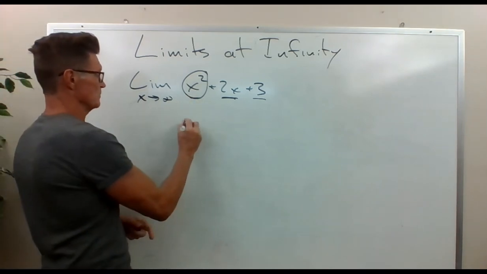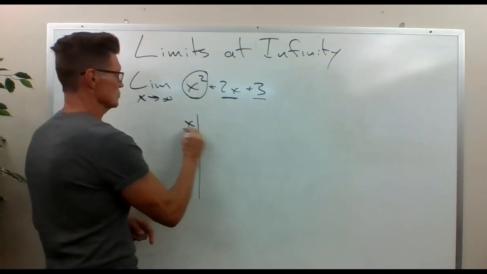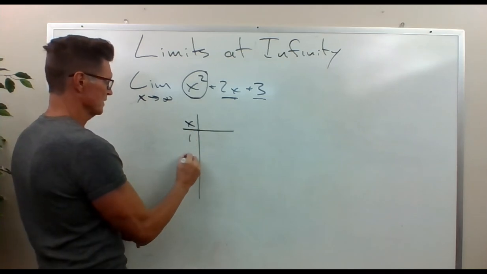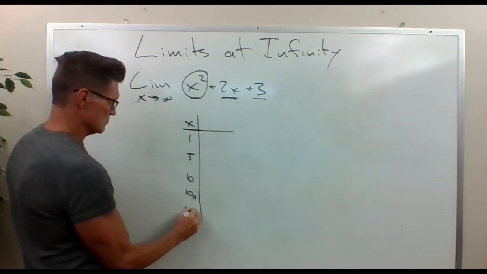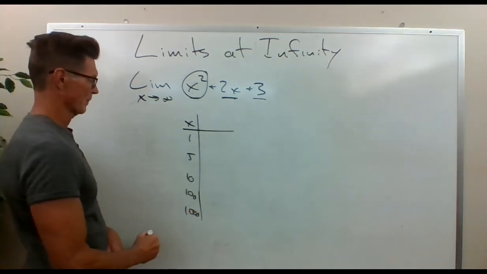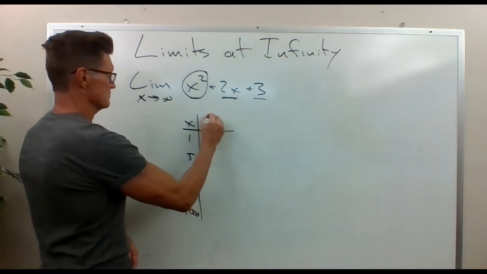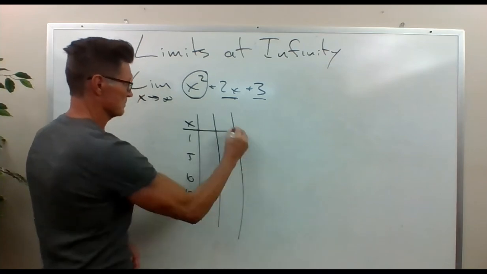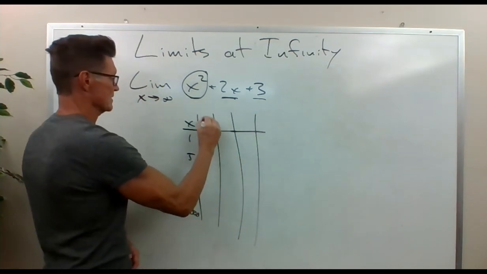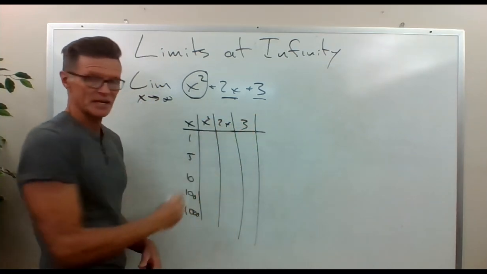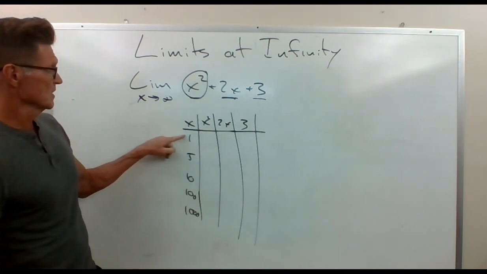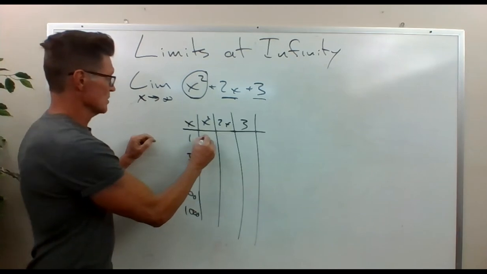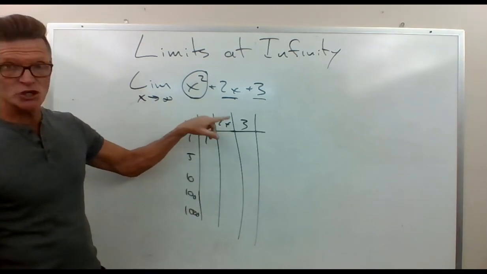As an example, if we just let x be equal to 1, 5, 10, 100, 1,000, all right? And so we have our 3 terms. We have x squared, 2x, and 3. Well, when x is equal to 1, x squared is equal to 1. I'm just looking at each term separately now.